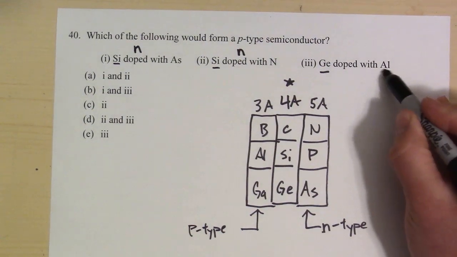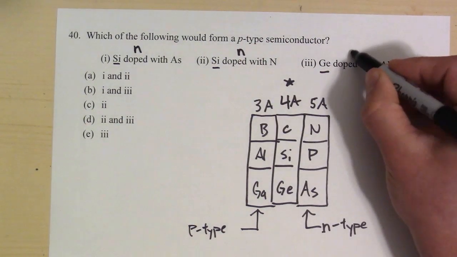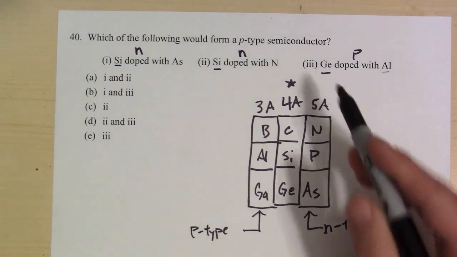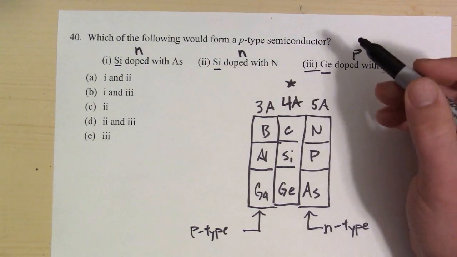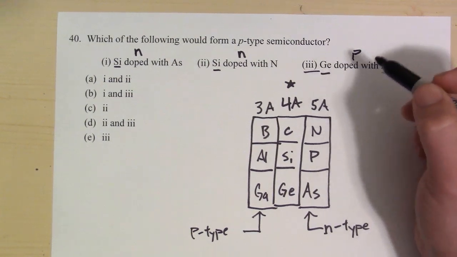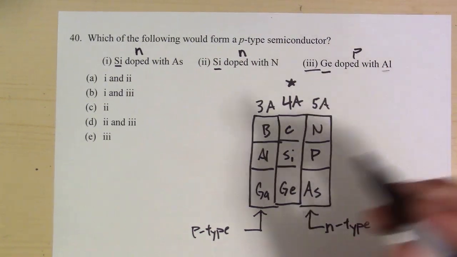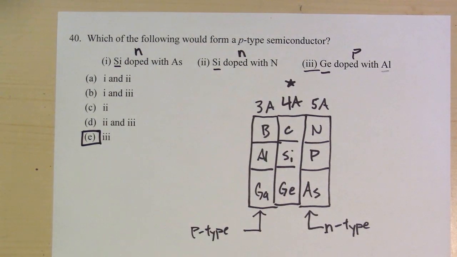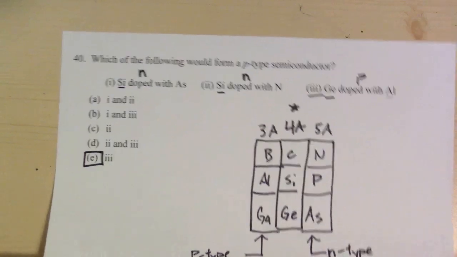And here we have aluminum, that is from 3A, so that'll be P-type. So of these three, number 3 here was the only one that's a P-type semiconductor, and that is going to be answer choice E. So that concludes the review of the spring 2018 final exam.